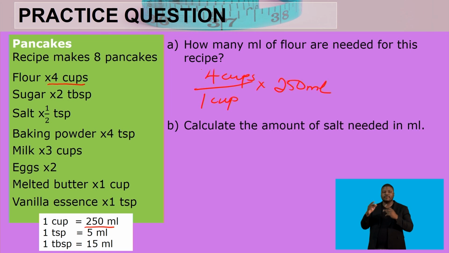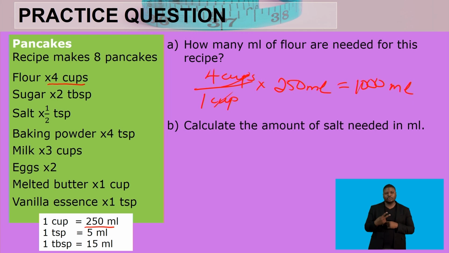So we want to find out how many milliliters we have in 4 cups. Then you take your calculator, you will say 4 divided by 1, cups and cups will give us a 1. What is 4 divided by 1? It's 4. 4 times 250 gives us 1,000. So it means we've got 1,000 milliliters of flour that will be required.